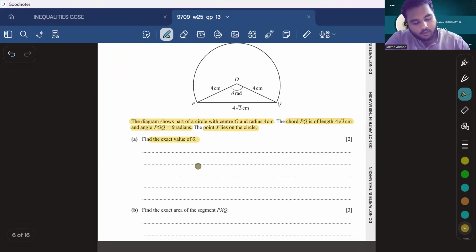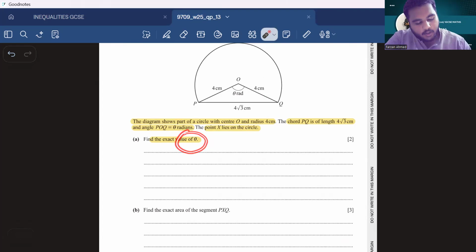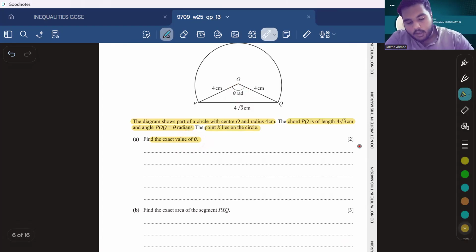So first of all, we have to find the exact value of theta. What we will do in this is use the cosine rule. How do we use the cosine rule?